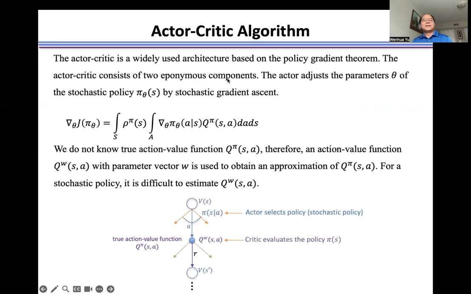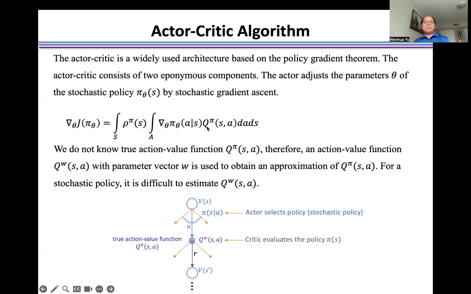As we said, for the stochastic policy, we cannot know exactly the true Q pi function in the gradient of the objective function. So we need to find a way to approximate this Q pi. For example, we use the approximator Q_w to replace Q pi in this gradient.